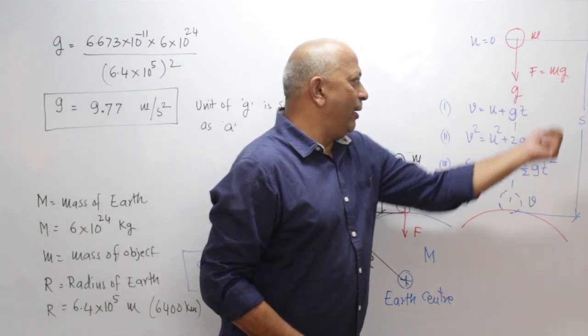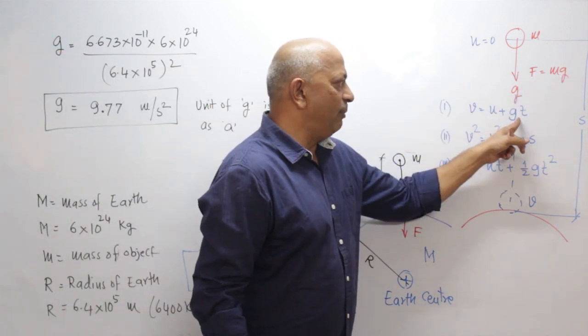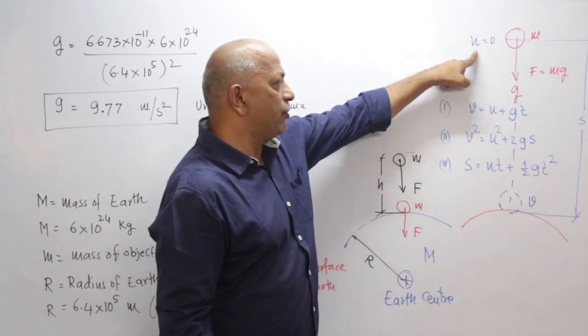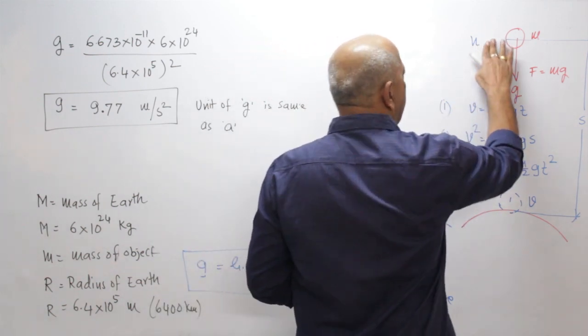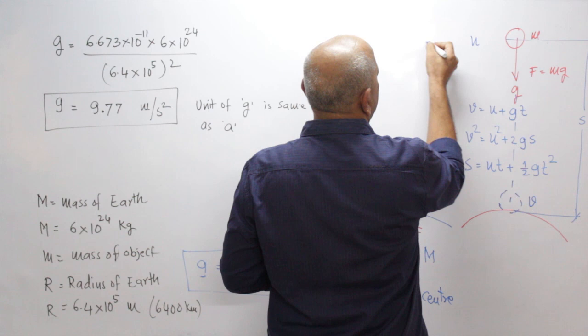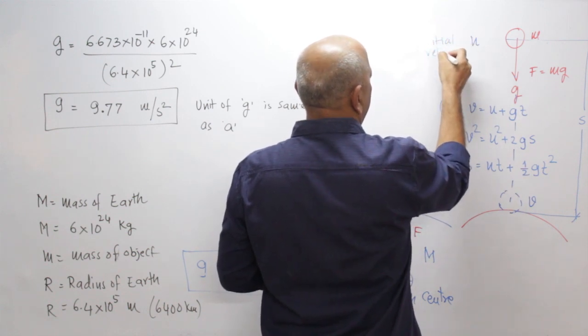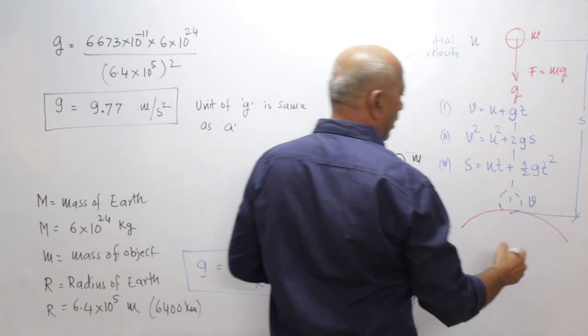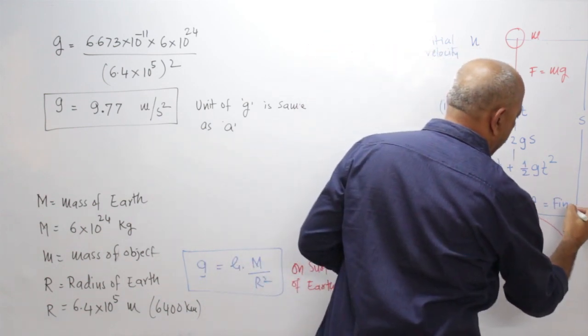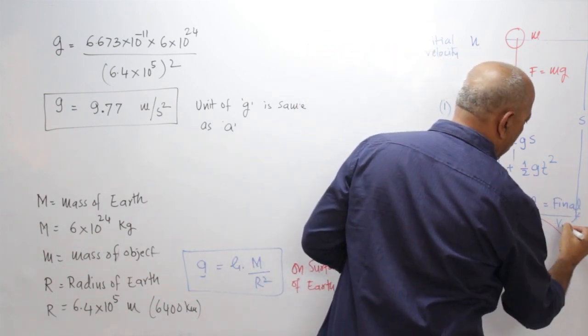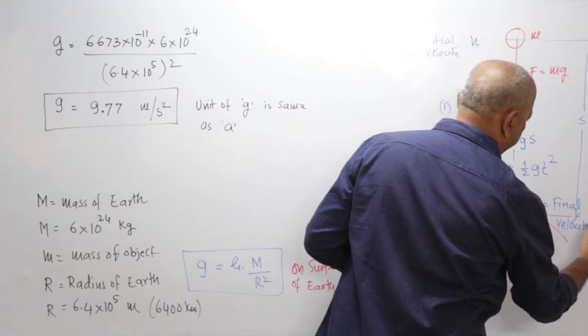So the force is equal to mg. Because of this force, there will be acceleration g. Initial velocity, you can say u. So this is the initial velocity, and v is the final velocity.